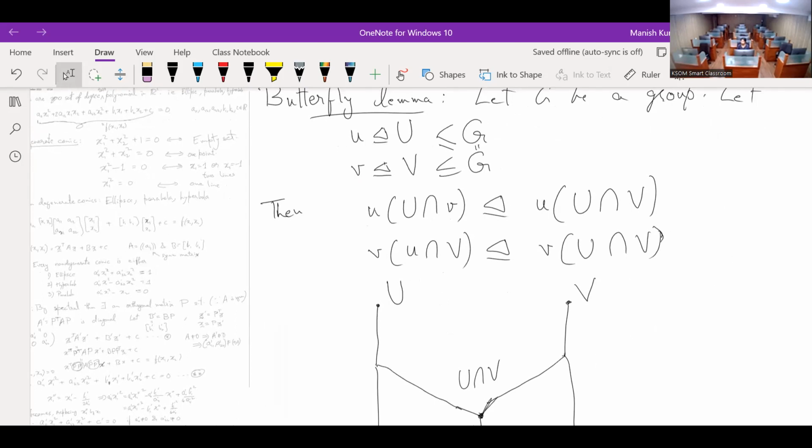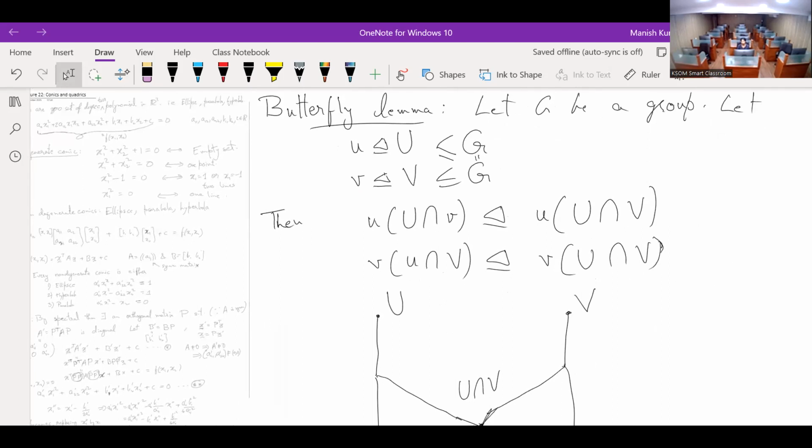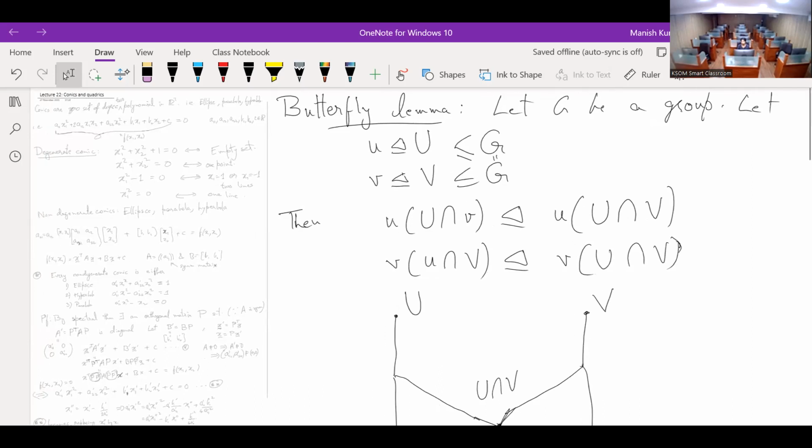So the length of the composition series is unique, and the factors are unique up to permutation. To prove that, you need something called the butterfly lemma, which is this theorem. This follows from the third isomorphism theorem for groups, but maybe after analyzing a little bit.